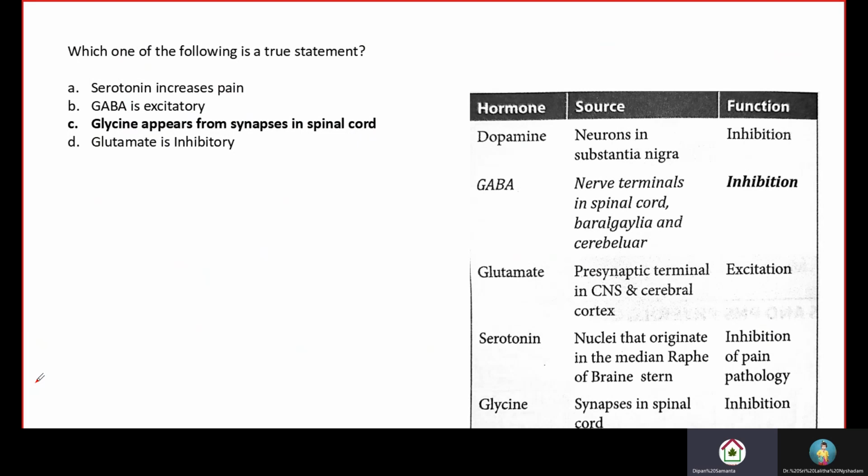Going straight to the answer: serotonin increases pain, GABA is excitatory. Just check one by one. Serotonin increases pain. False. Serotonin is involved in inhibition of pain pathology.